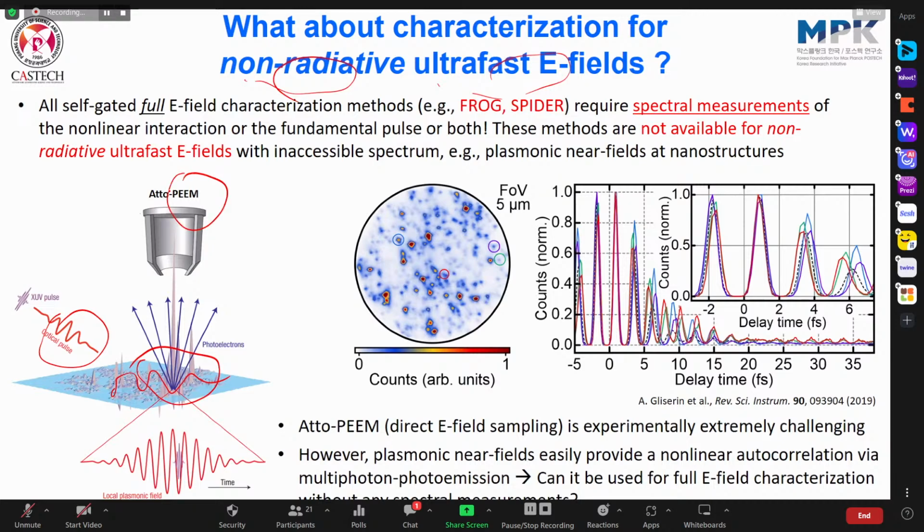Basically you're collecting the signal to probe what's going on in the plasmonic field near the nanostructures. But for this one, you need the PEEM and ultra-high vacuum. The PEEM is usually very expensive. So we need another method to deal with this non-radiating electric field too.